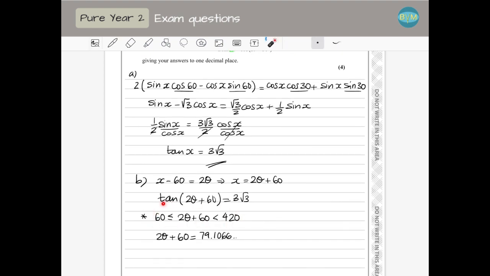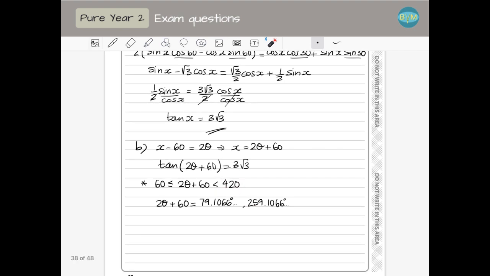Remember, tan repeats every 180 degrees, so I'm going to add 180 degrees to this value, and then I have 259.1066. The next one, if I add another 180, is out of the interval, so it's greater than 420. So these are my two solutions for 2 theta plus 60.